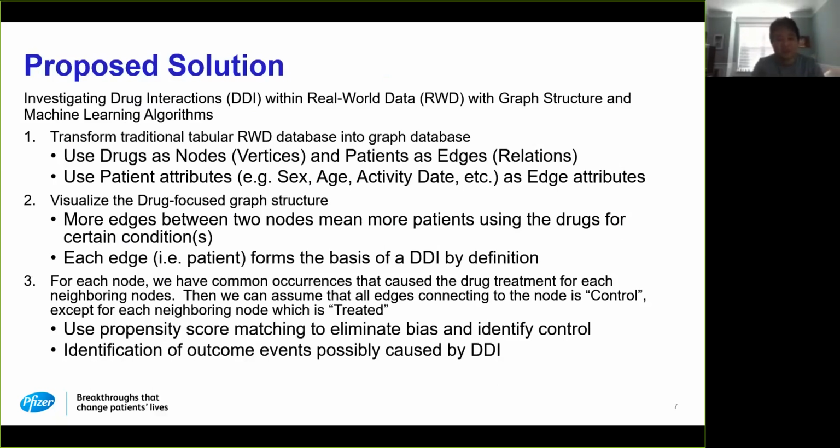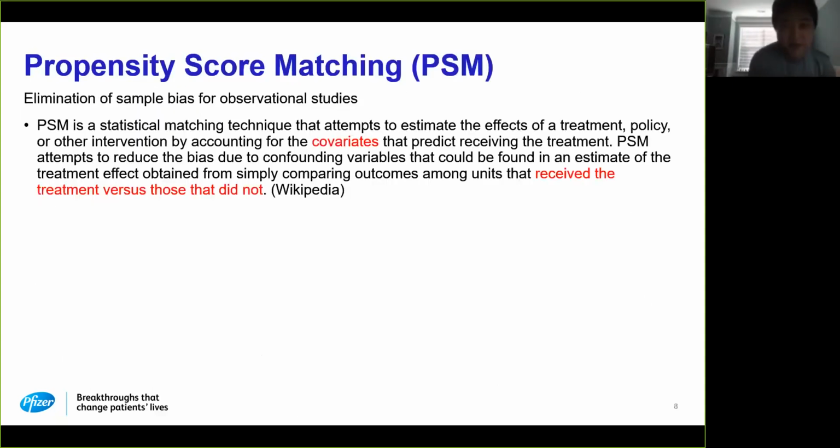So we use propensity score matching to eliminate the bias and identify the control groups, and identification of outcome events possibly caused by DDI. So a little bit about propensity score matching: it is elimination of sample bias for observational studies.